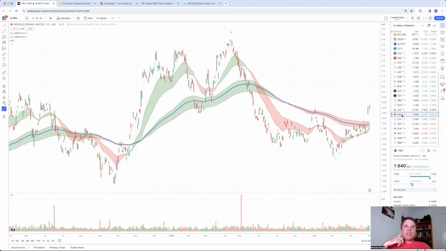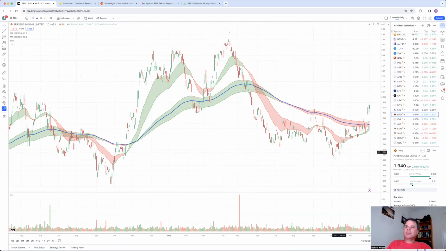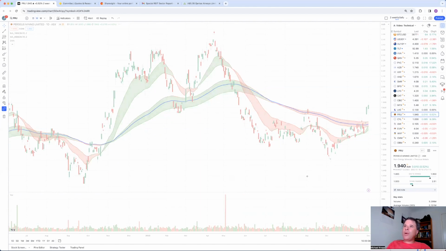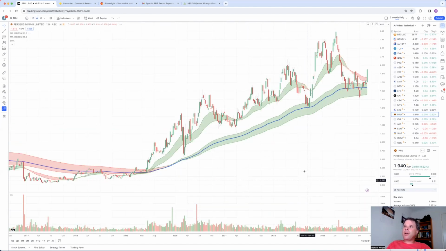And the main reason for Perseus is because the share price of Perseus is at a 6-month high. And even though the gold prices are at all-time highs right now, Perseus is definitely not at an all-time high. I think the main reason is because of the weaker American dollar or the stronger Australian dollar, which is why some of these companies' share prices have not gone on significant runs.